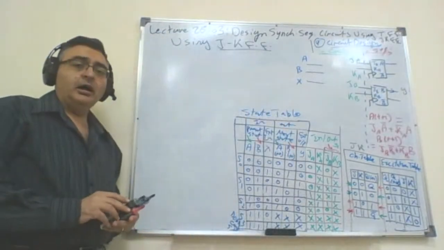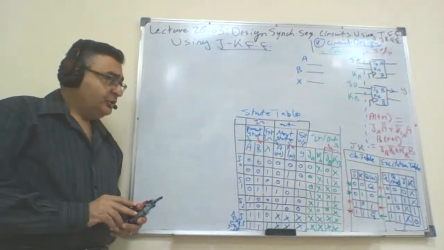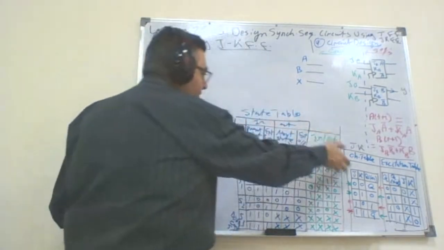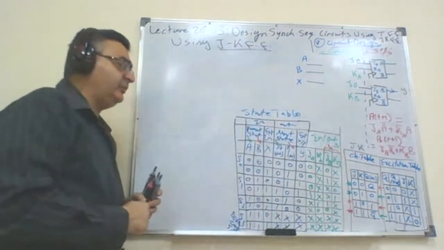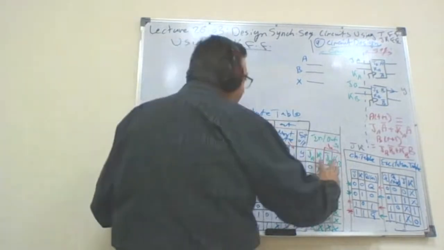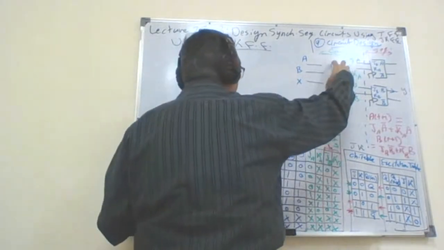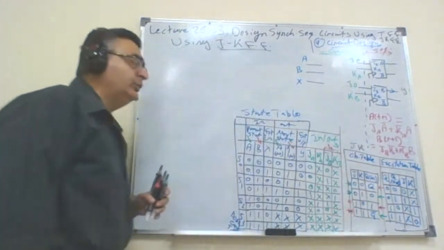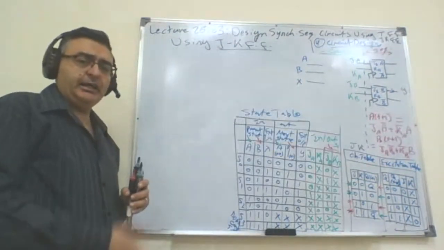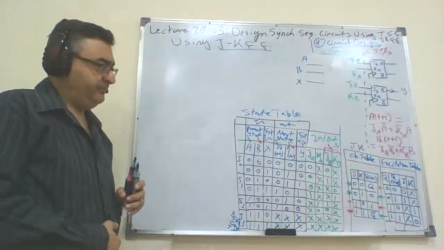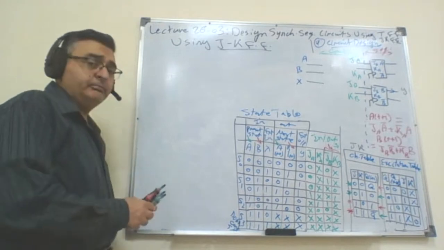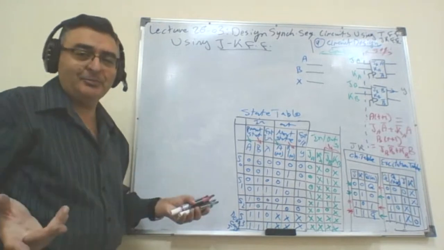Now, I have succeeded to derive the full state table, the extension of the state table that will allow me to design the combinational circuit here that has 4 new outputs, JA, KA, JB, KB. Agree? Now, how can I solve them? Simply K-maps.